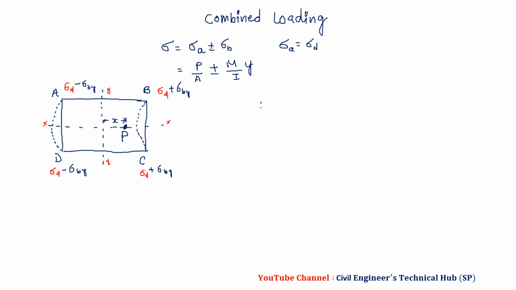Now if we have this column with both eccentricities, that is along X also and along Y also, I will plot it. Let us say we have the column somewhere here.